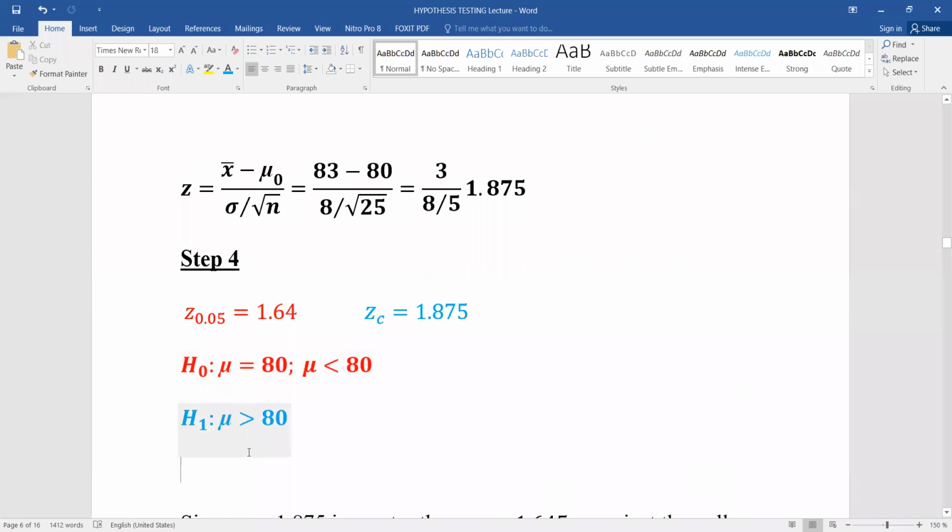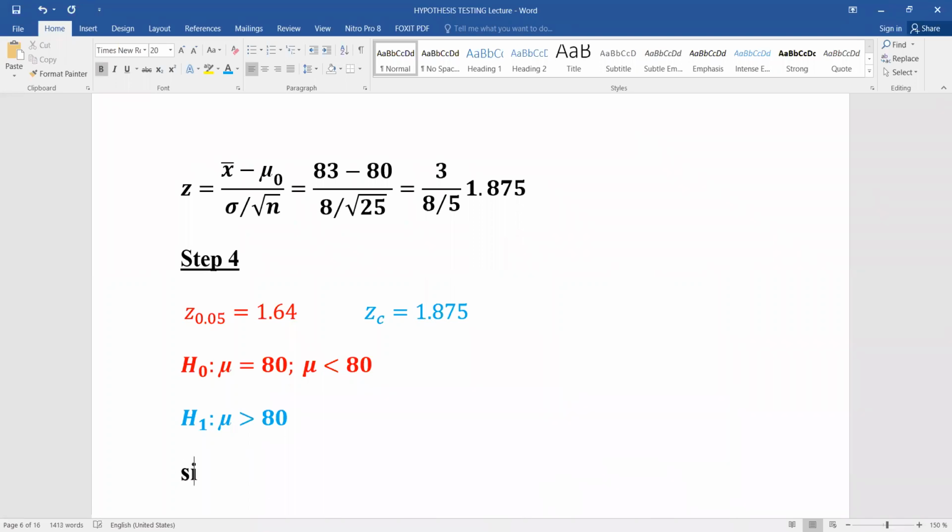So we always begin with Z computed. Let me expand and make it bold, and let me make it 20.